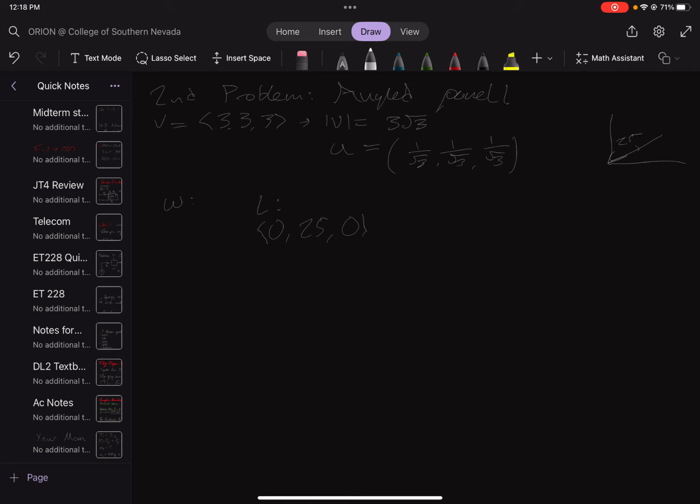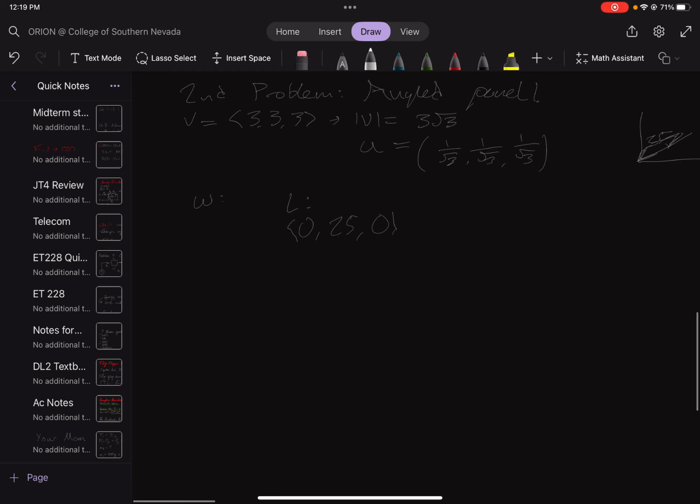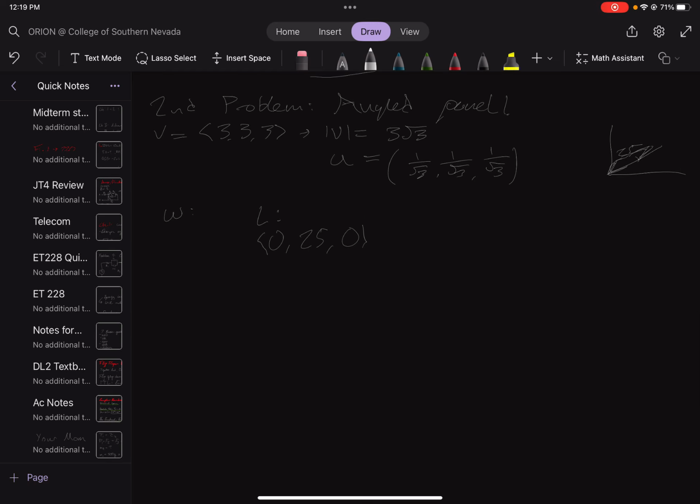But now the panel will be at that angle. It'll be angled upward, and so the width will have to correspond to that. So what we had to do was see that vector, and these were from the sets of points that were given.